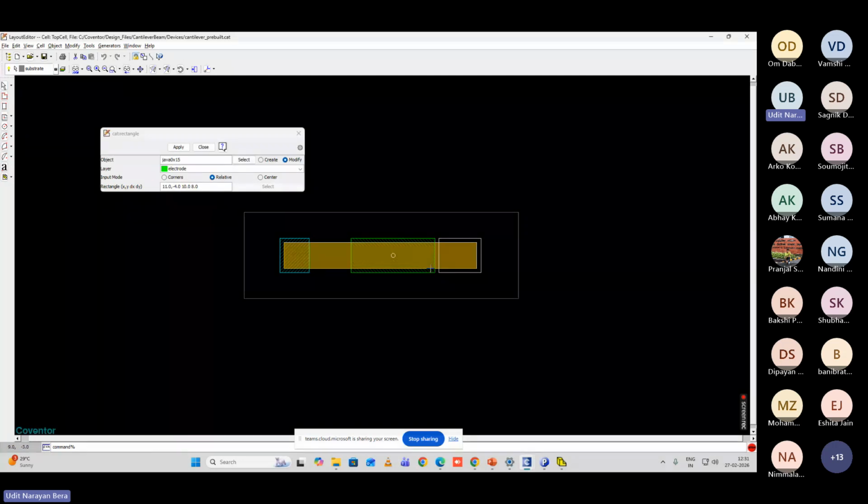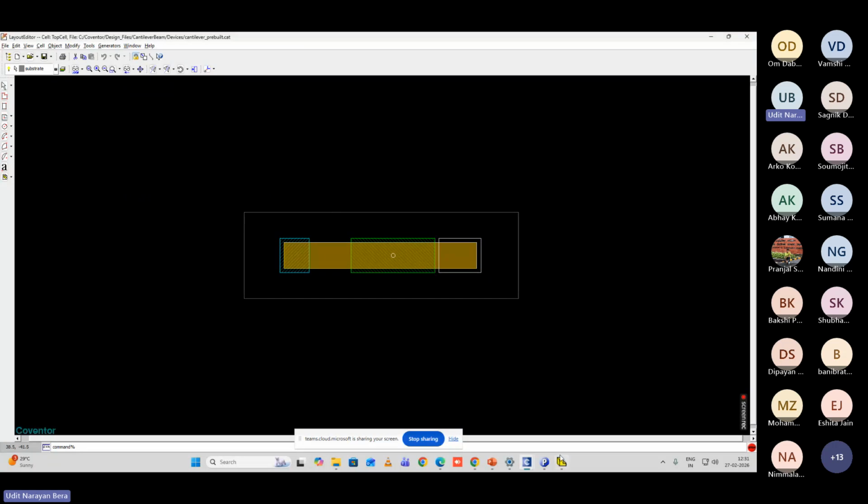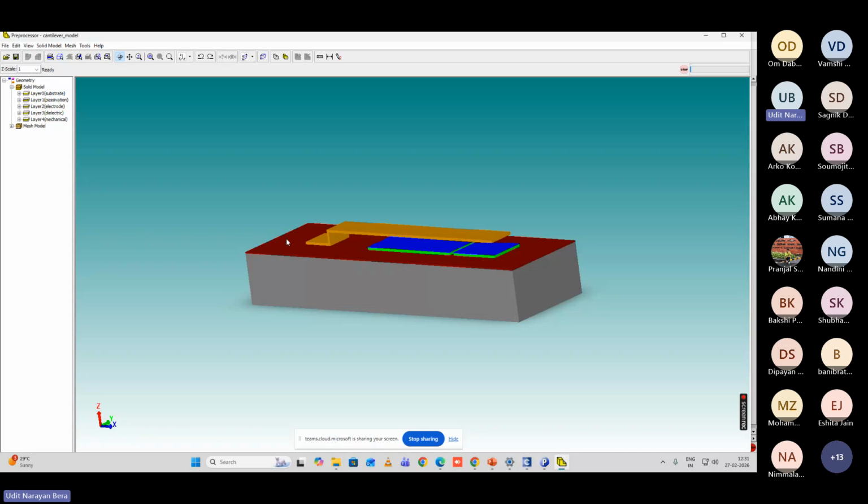Now here I need to tell you what the mask is. The electrode was first deposited over the whole structure. Then I set a mask on this layer. In the layout editor, I set this mask with a positive photoresist. Positive photoresist means that where the mask is, that portion stays, and the rest will be etched away.